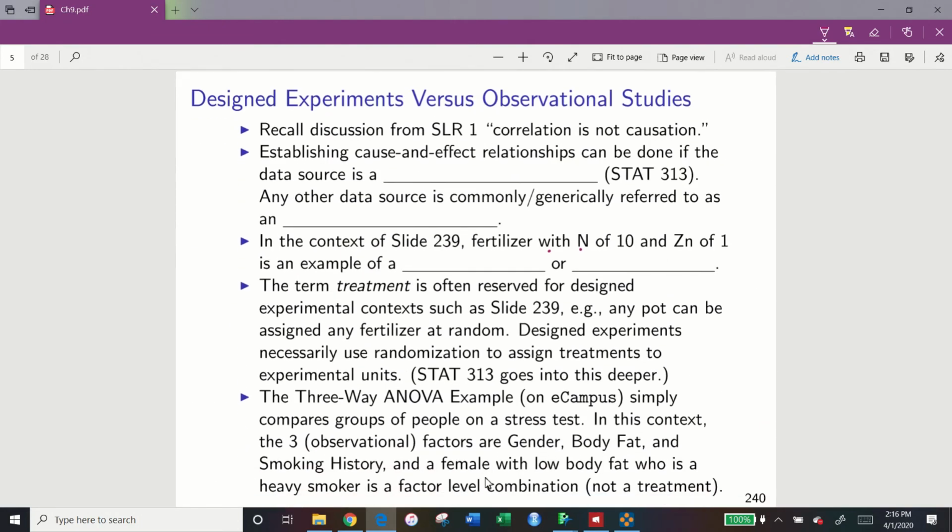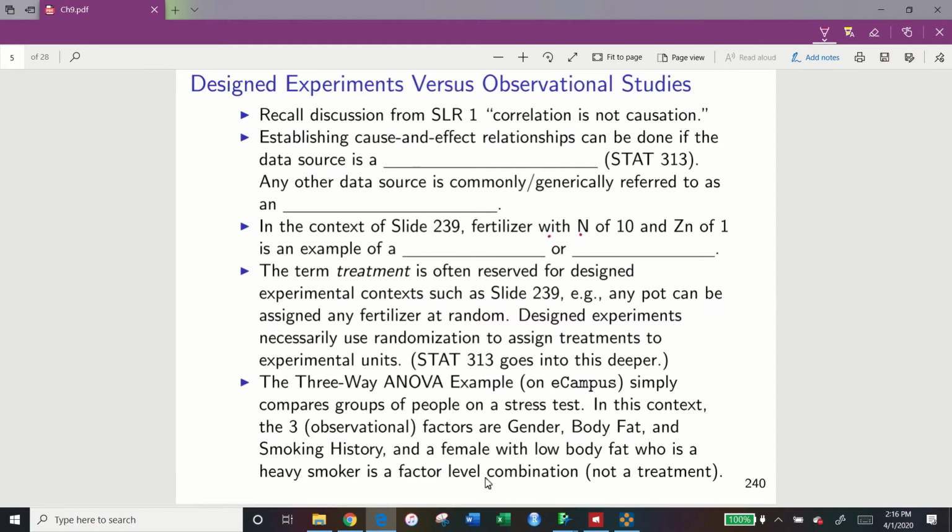But before we get to that, let's review, or perhaps for the first time learn about, the difference between designed experiments and observational experiments. If we recall from our discussion in Simple Linear Regression 1 notes, correlation is not causation. So to establish a cause and effect relationship, this can be done if our data source is a designed experiment.